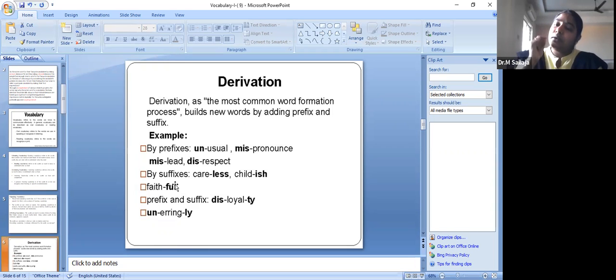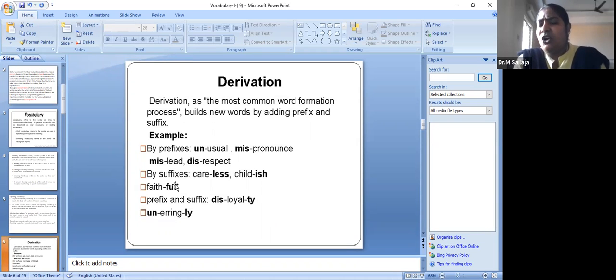Converting one thing into another by adding something, converting one object into another mold or shape by adding extras. Hope you have understood my usage. Ultimately, what is the output? It will come out in a new shape. That is called derivation.